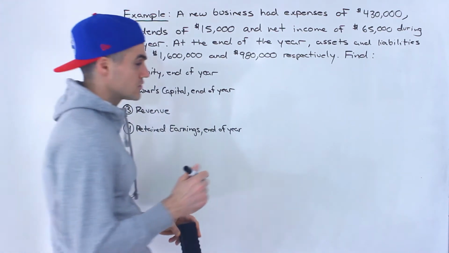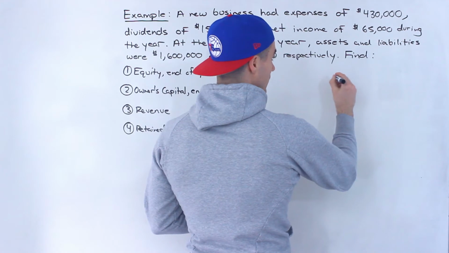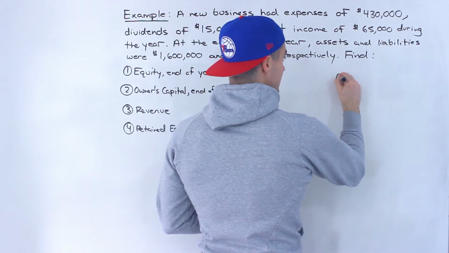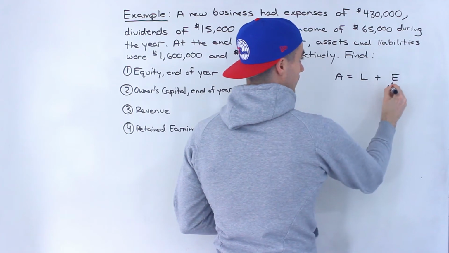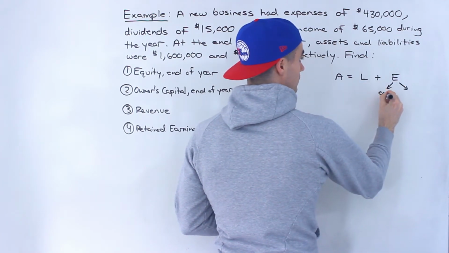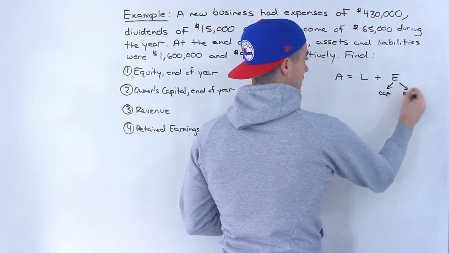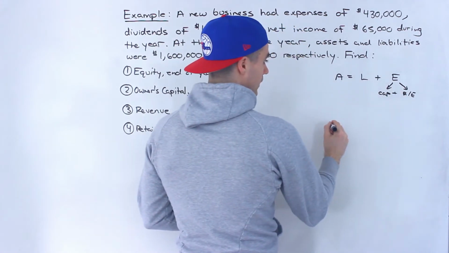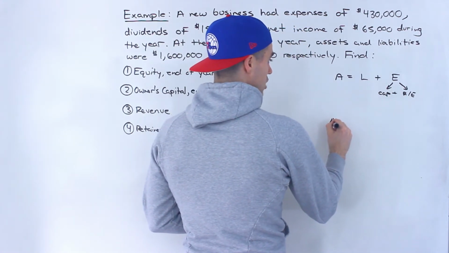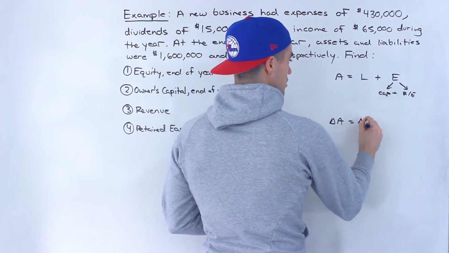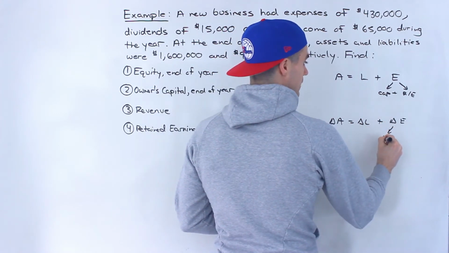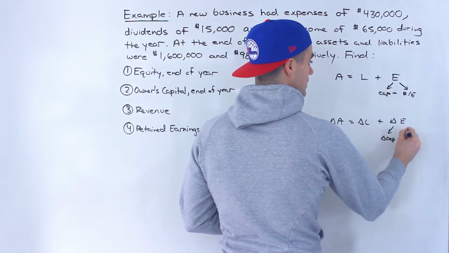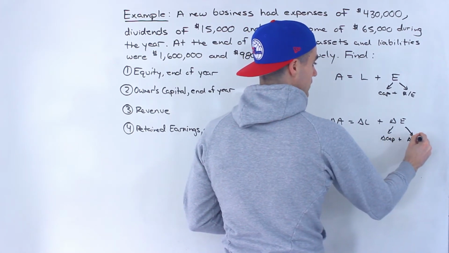So as usual, let's draw out that flow diagram. So we've got assets equals liabilities plus equity. Then the equity is made up of capital and retained earnings. And then we're going to have a change in assets equals a change in liabilities plus a change in equity. That's going to be made up of change in capital plus a change in retained earnings.